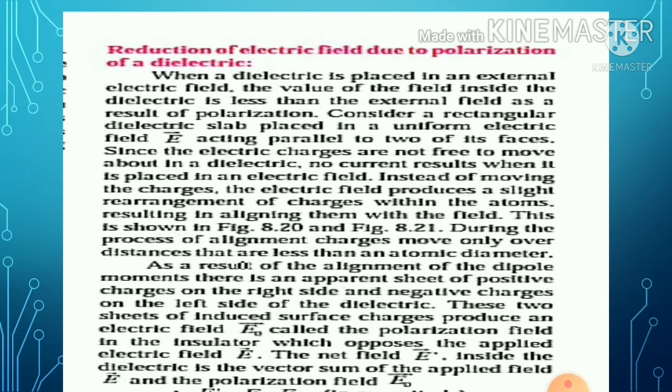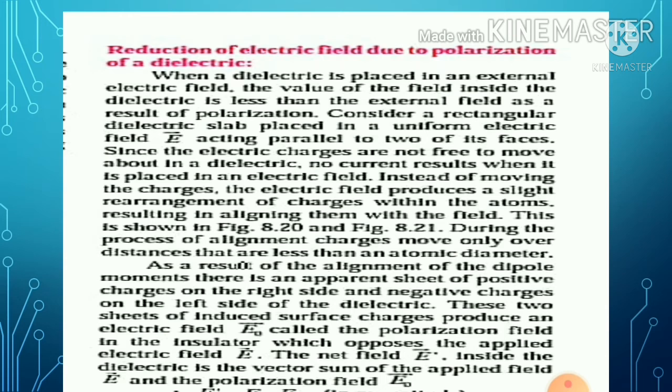When a dielectric is placed in an external electric field, the value of the electric field inside the dielectric is less than the external electric field as a result of polarization.